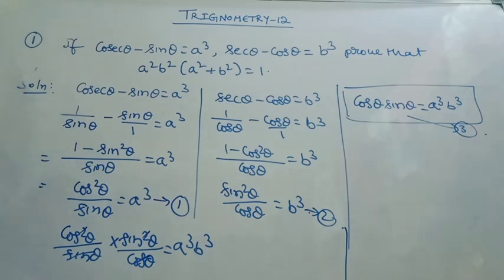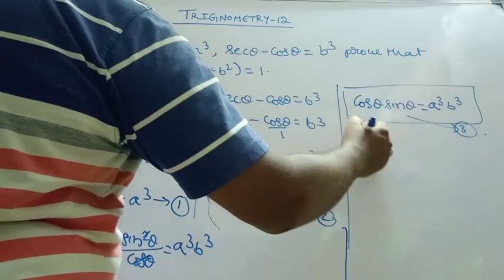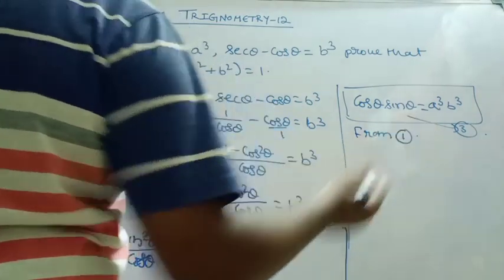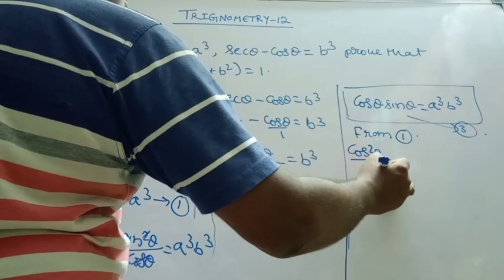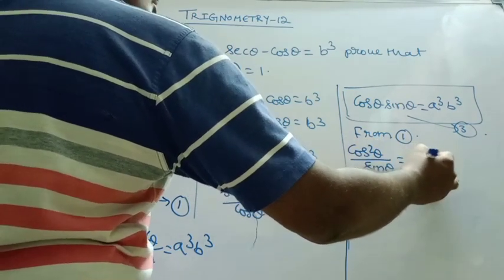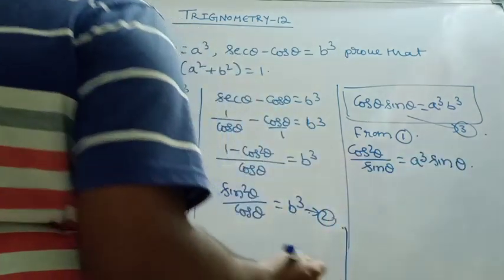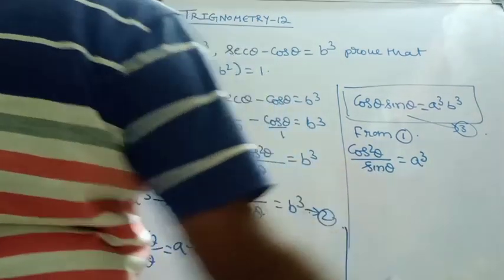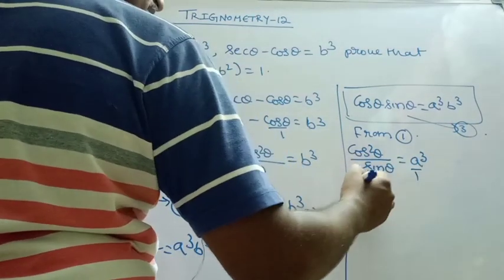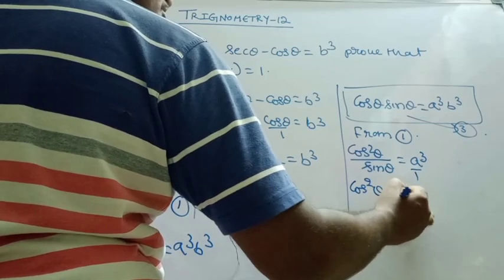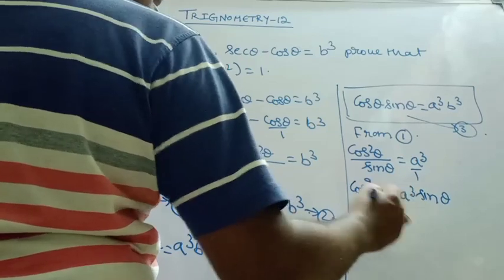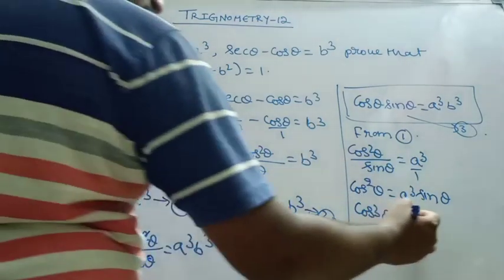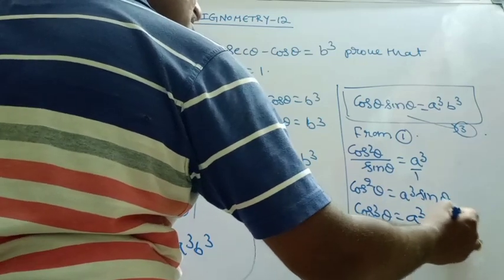Now from equation number 1, you know that cos square theta by sin theta is equal to a cube. From this, by cross multiplication, cos square theta is equal to a cube sin theta. If I multiply cos theta on both sides, we get cos cube theta equal to a cube sin theta cos theta.